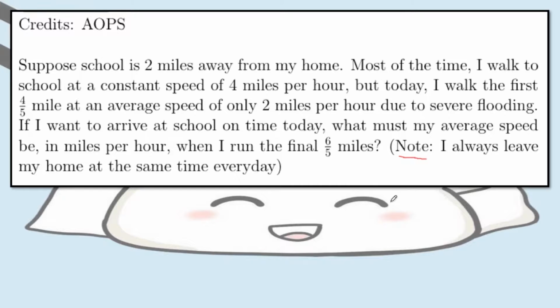So let's talk about the basic relationship between speed, distance, and time. I hope everybody is familiar that speed is equal to the distance over the time. We can use that in the givens because we have the constant speed I walk to school, 4 miles per hour, that covers the entire 2 miles.